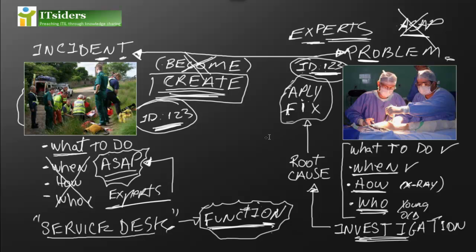So these experts create another ID, let's say 456. So incident 1, 2, 3 stays on the record, and they create a problem called 456. So this ID here does not exist. Just remember, an incident creates a problem. They are different, and we have different people working on them.